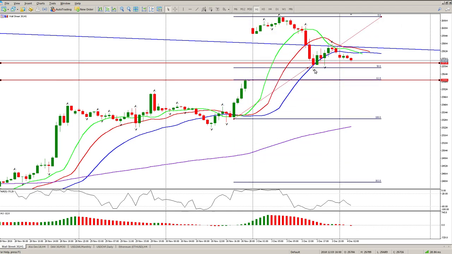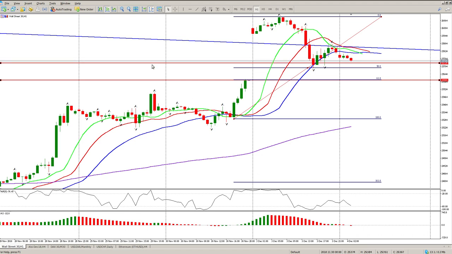So we did tag the 50. 61.8 is at gap close. Now the reason I took it from there is because from here up down was a decent pullback. From here up down was a decent pullback. So these two have had a pullback. This last move has not been a pullback. Okay, so that's kind of what I'm expecting.